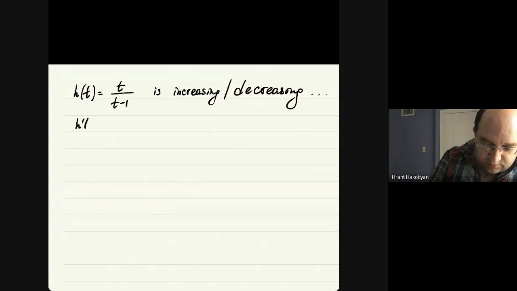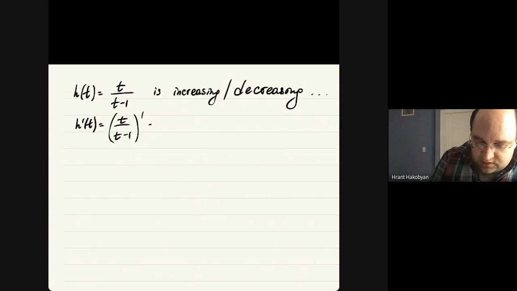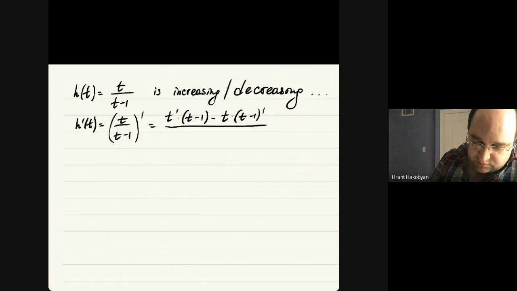So h prime of t is equal to t divided by t minus 1, prime. I have to use the quotient rule in this case. It's going to be t prime times t minus 1, minus t times t minus 1 prime, divided by t minus 1 squared.